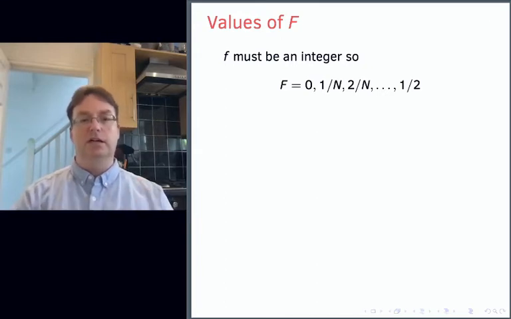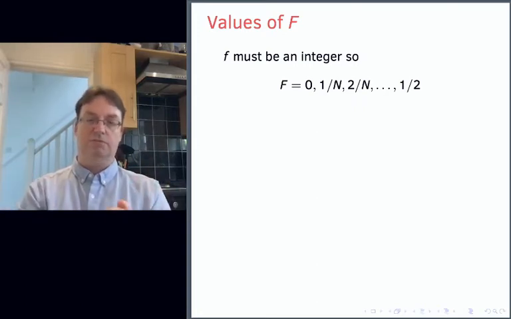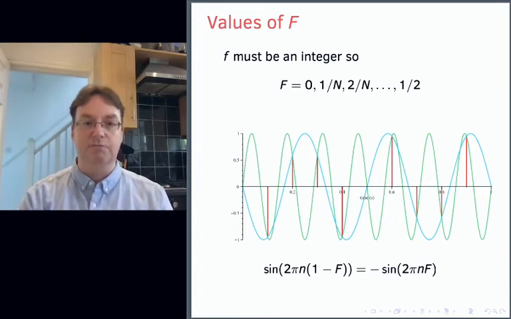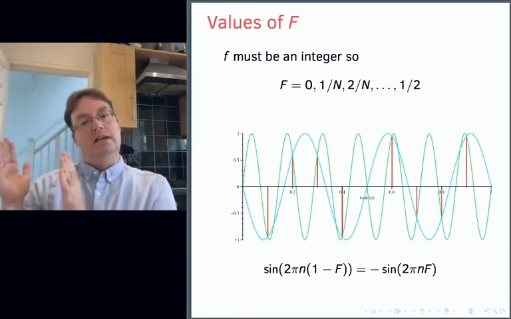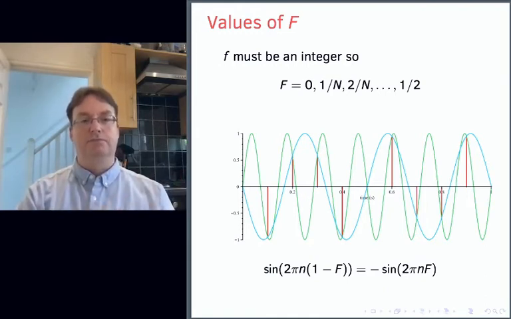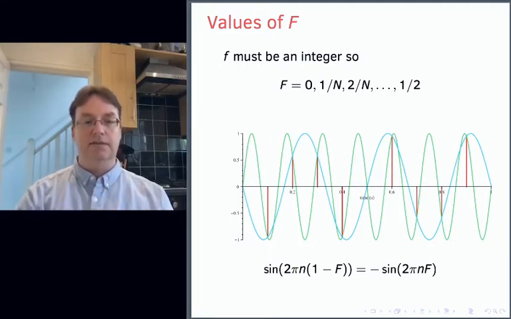The reason we can't go beyond a half is that if I swap capital F, so say I have a number bigger than a half, like 0.7 in this example, if I look at the frequency of 0.7 and the frequency of 1 minus that, so 0.3, when I take those samples, I will get exactly the same value.